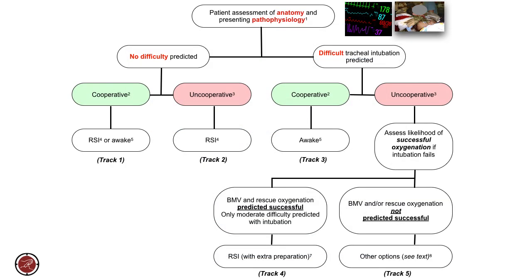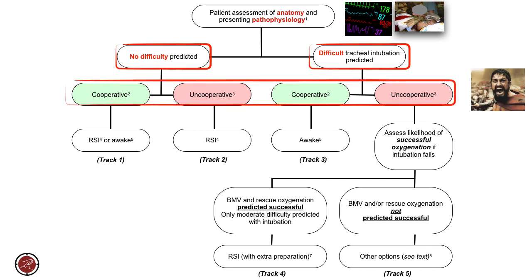Our guidelines that we use when we teach, similarly, you begin with an assessment of the patient's anatomy, their pathology, and their pathophysiology. And then you make a decision whether they're going to be difficult to intubate.